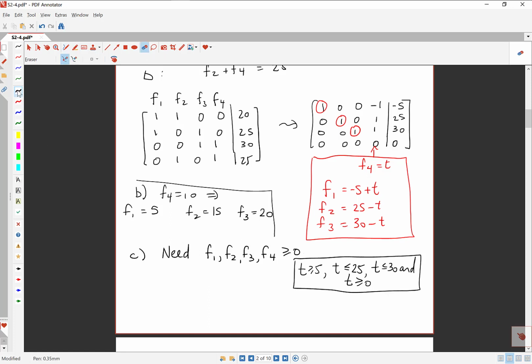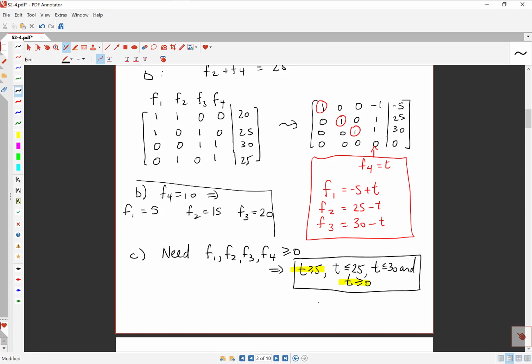So logically, what we're saying here is that if F1 through F4 are all non-negative, that implies that T has to be at least 5, T has to be at most 25, T has to be at most 30, and T has to be at least 0. So what we're going to do is essentially take the intersection of all of these restrictions. Once you say that T is at least 5, the fact that T is at least 0 is irrelevant.